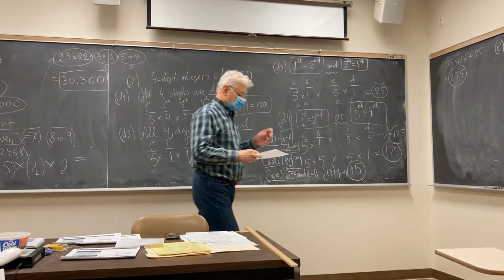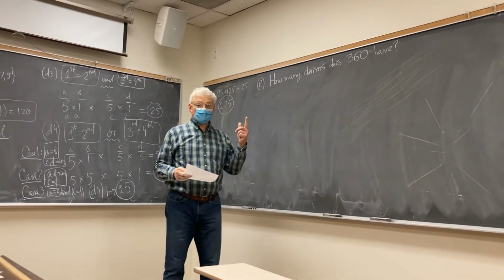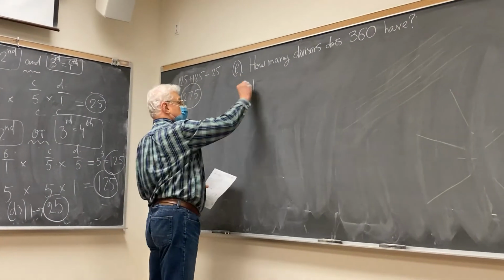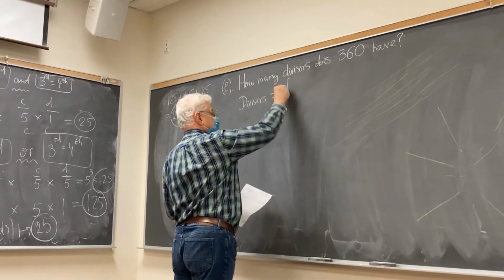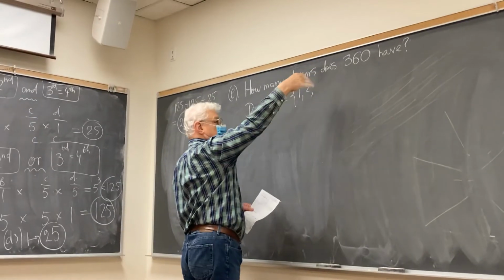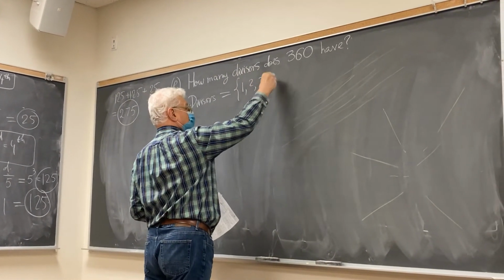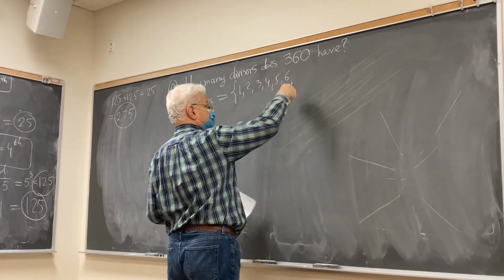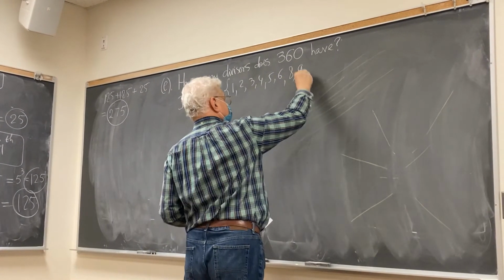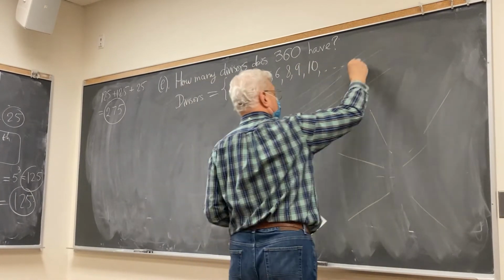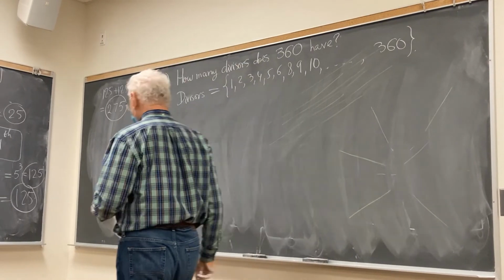Divisor is what? The set of divisors consists of the following. 1, 2, so if it's divisible by that, it's a divisor. 1, 2, 3, 4, 5, 6, 7 is not. 8 is here, 9 is here, 10 is here, and so on. And the last one will be 360. How many divisors?